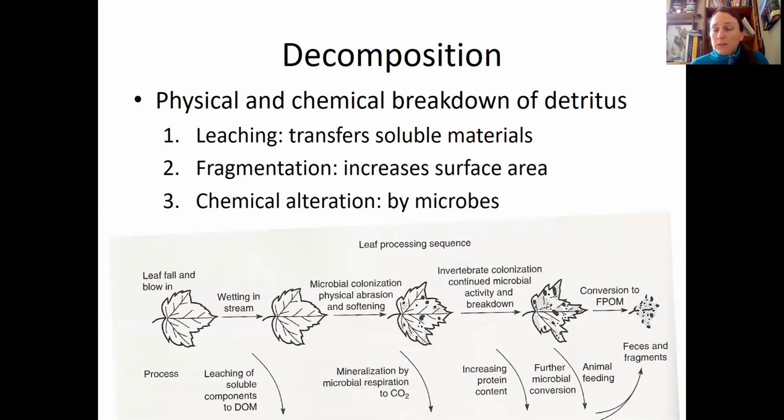Microbes can chemically alter the leaf, and then you have aquatic insects coming in and colonizing and continuing the manual breakdown and conversion of the coarse particulate organic matter into fine particulate organic matter, feces and fragments.